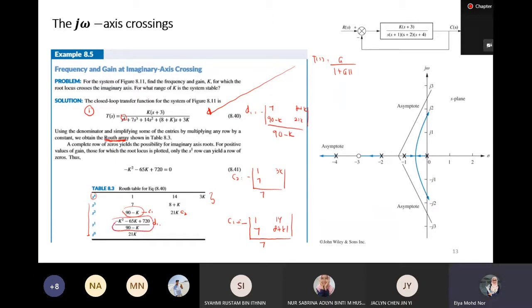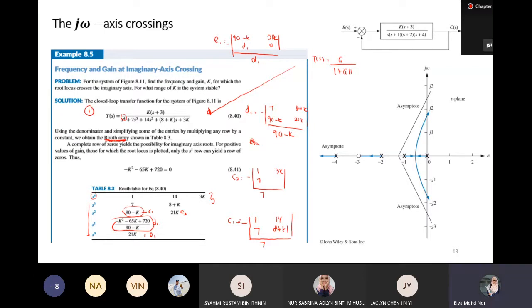D2 is not there, and then E1. What is E1? Your E1 will be all the values above, 90 over K minus, and then this one is D1 plus 2, 21K, 0 over D1. So you get your E1 equals 21.